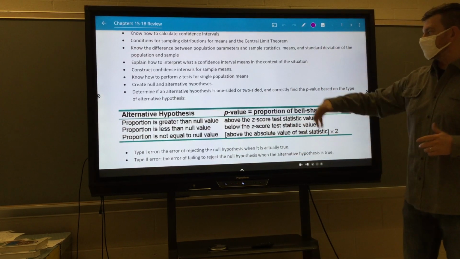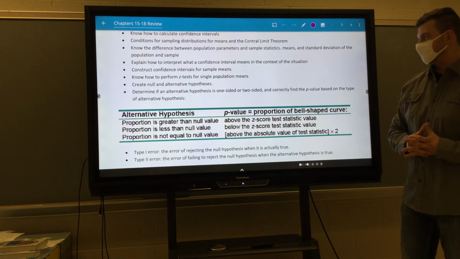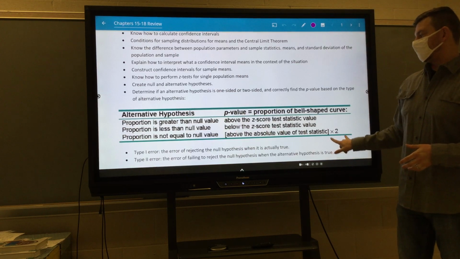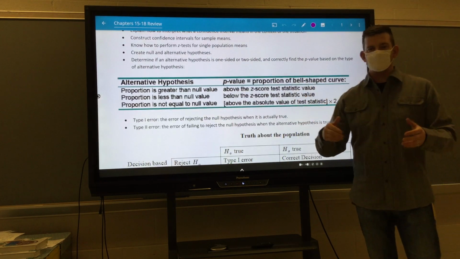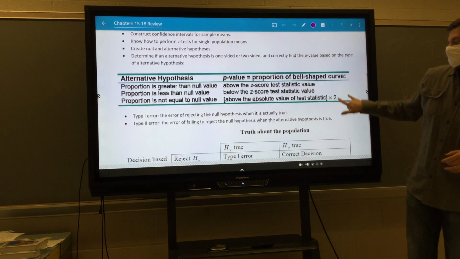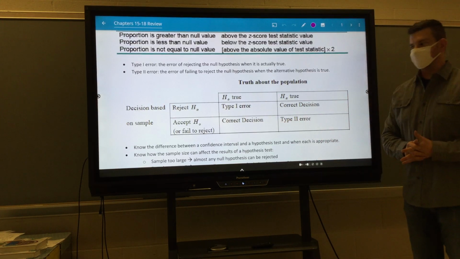You can read through this, and this is a condensed outline of what we've talked about in these chapters. A couple of tables here stand out. This one is looking at the difference between a one- and a two-sided alternative hypothesis. This second table down here is looking at your types of error.